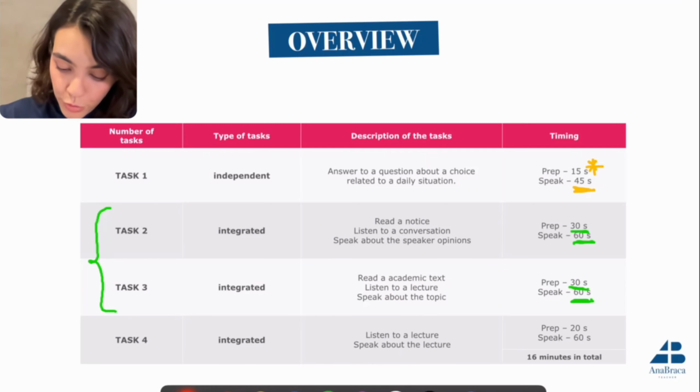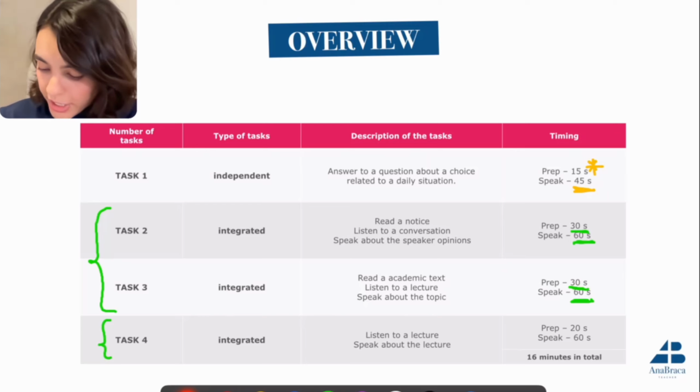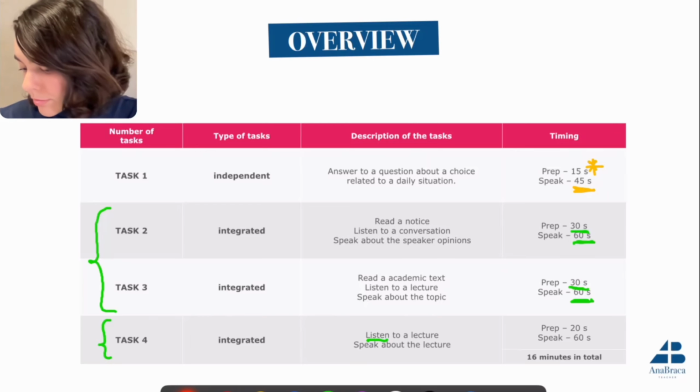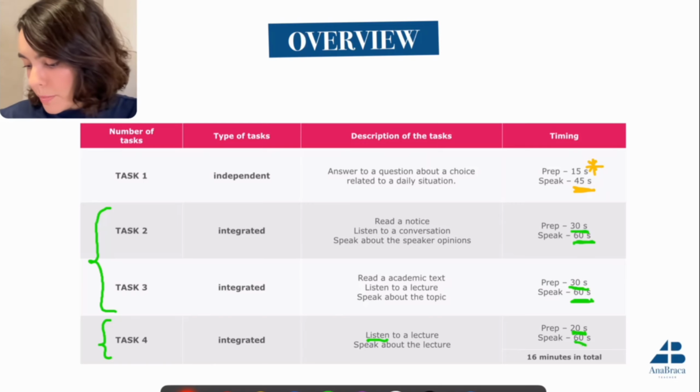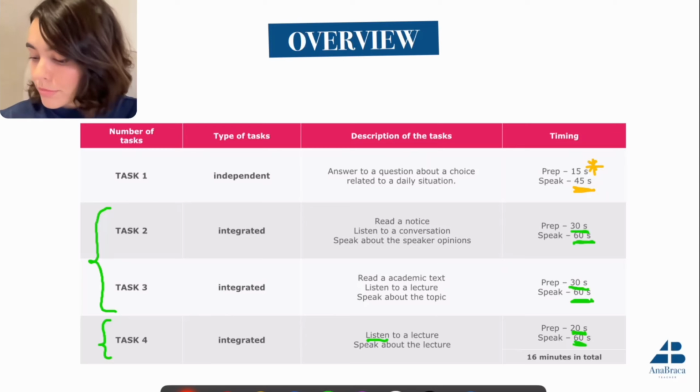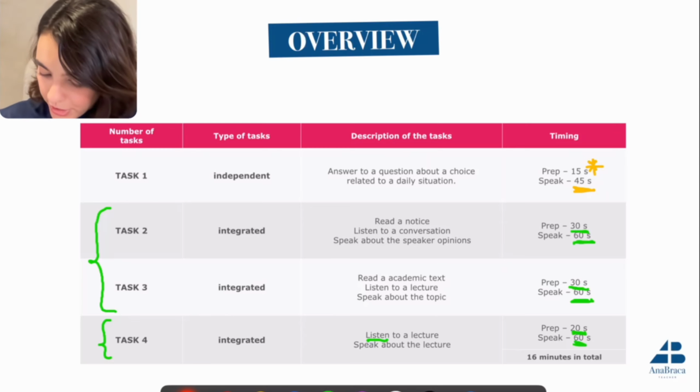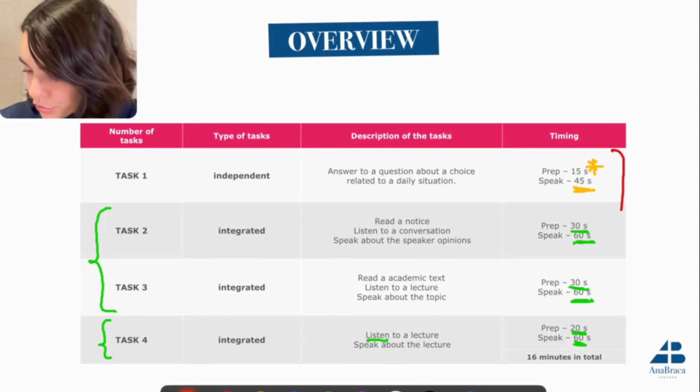In task number 4, since you only have a listening here, you will only have 20 seconds to prepare, but still 1 minute to speak. This time here, guys, knowing this is crucial.